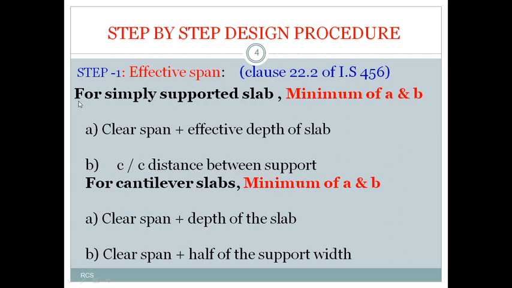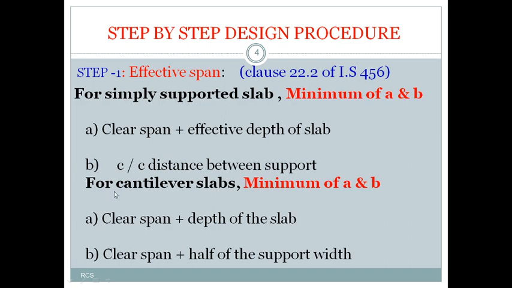For a simply supported slab, the effective span is considered between two conditions: A, the clear span plus the effective depth of the slab, and B, the center to center distance between the supports. The minimum value of A and B will be taken as the effective span for a simply supported slab.